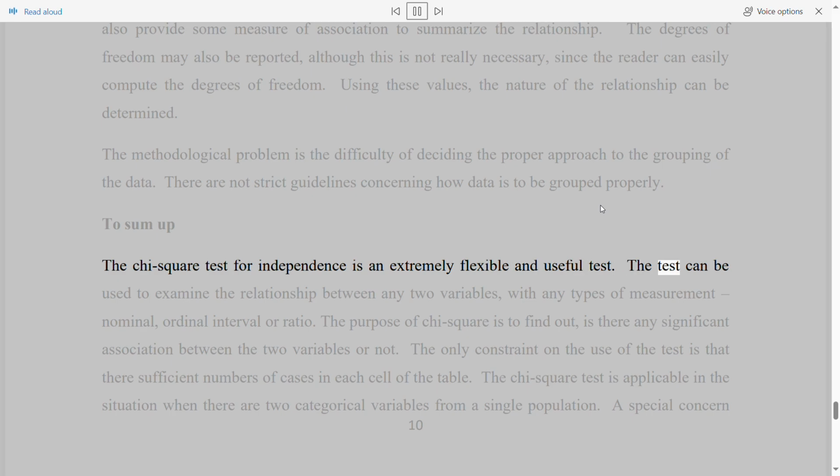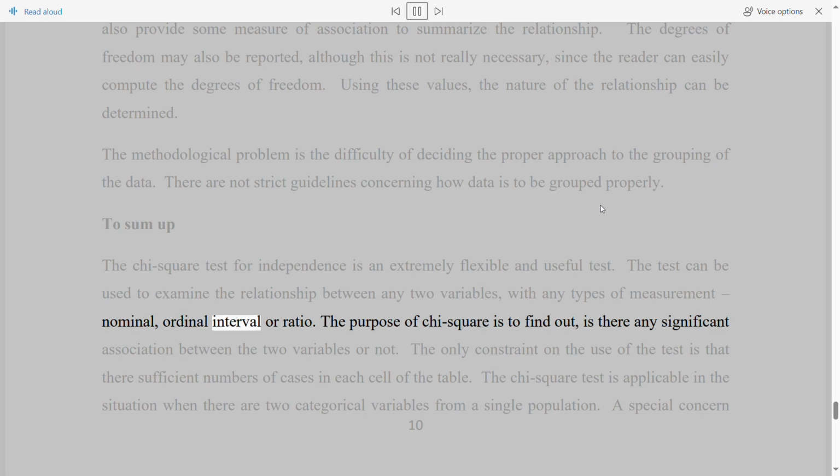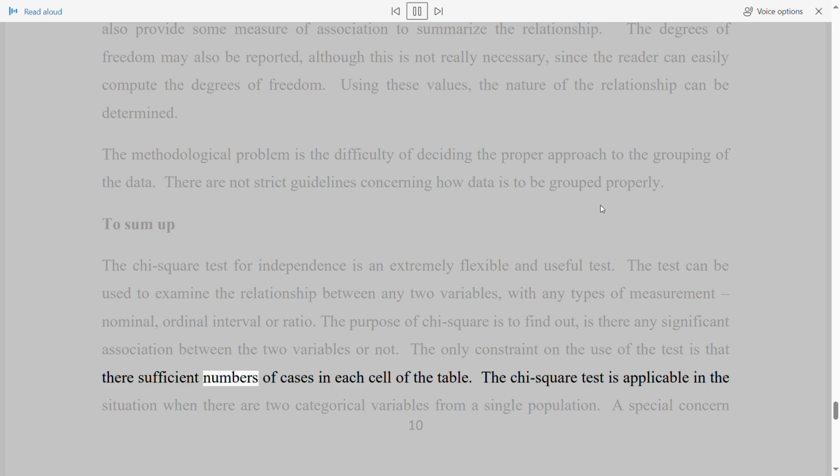The test can be used to examine the relationship between any two variables with any type of measurement: nominal, ordinal, interval or ratio. The purpose of chi-square is to find out whether there is any significant association between the two variables or not. The only constraint on the use of the test is that there are sufficient numbers of cases in each cell of the table.